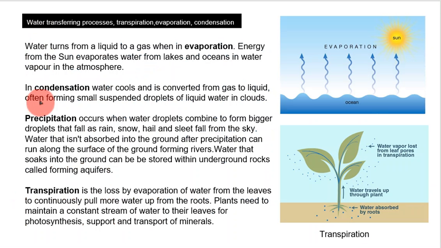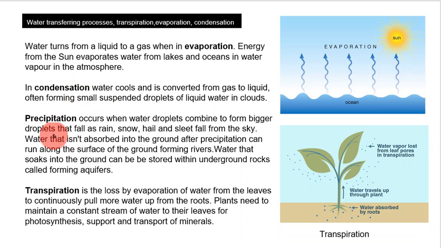In condensation, water cools and is converted from gas to liquid, often forming small suspended droplets of water in clouds. If you breathe on a cold glass surface, the water in your breath will cool down and form droplets on the glass. The same thing happens in the atmosphere.